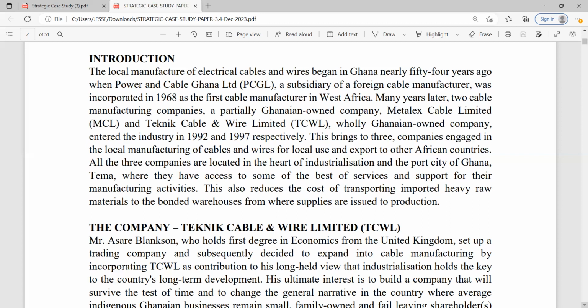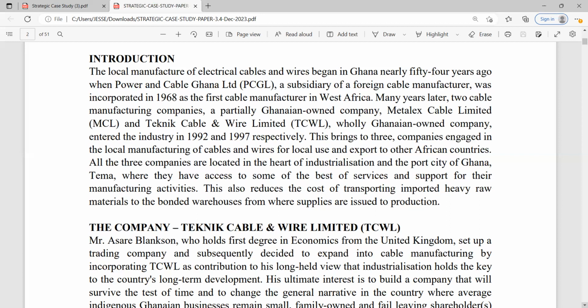So this brings it to three companies engaged in the local manufacturing of cables and wires for local use and export to other African countries. Right. So these were the three companies manufacturing for local use and exports.